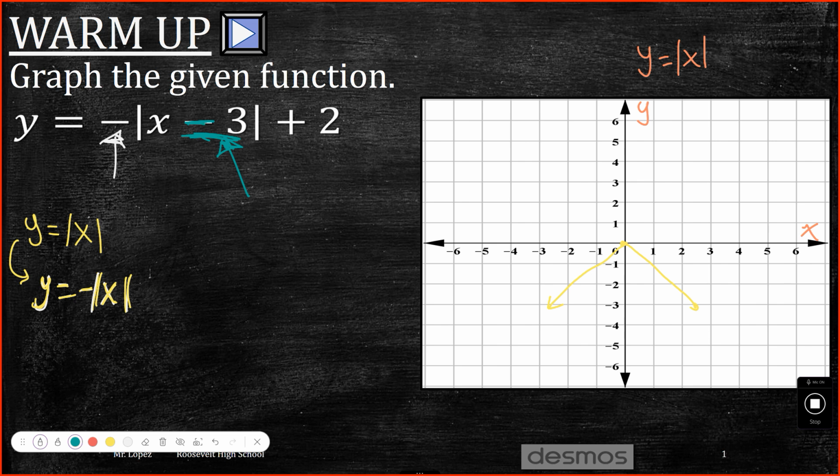So we already did the first transformation, and in addition, we're going to move it to the right 3. So this particular graph is going to move to the right 3, which is this graph here. I'm going to use this as my reference point, move it 1, 2, 3, and just keep it going down like this. So now this is what we have.